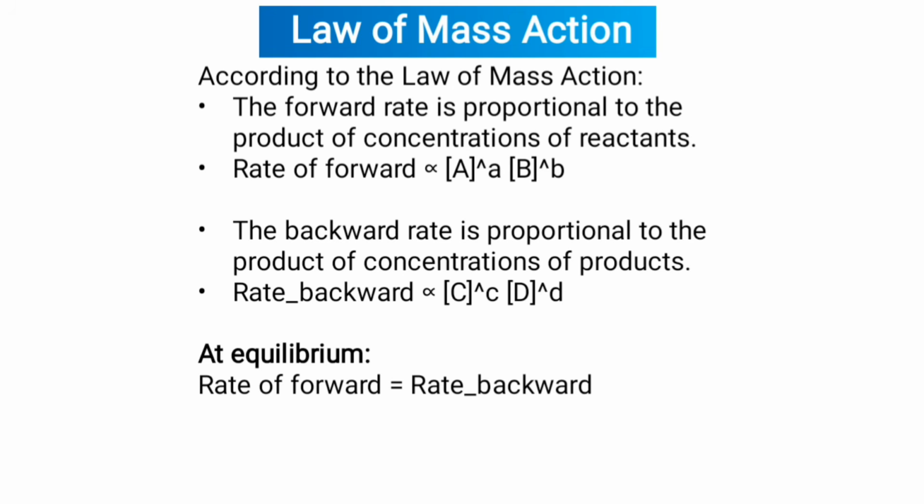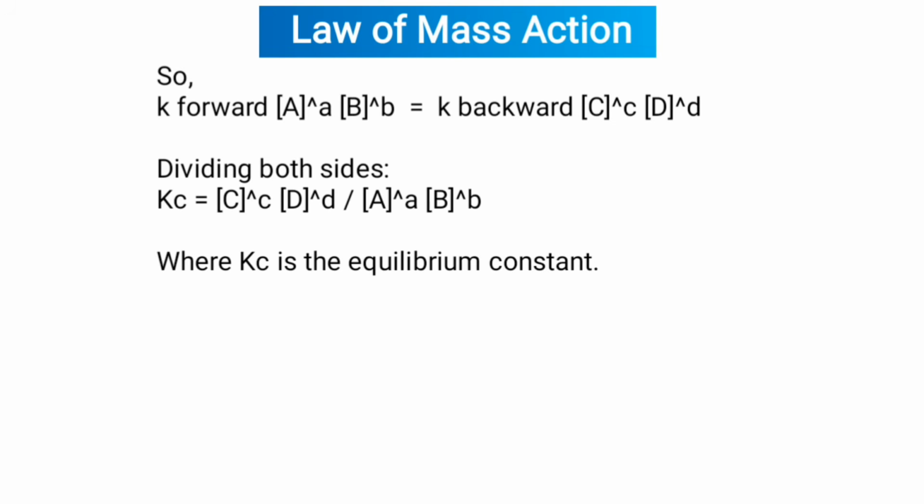At equilibrium, rate of forward reaction is equal to rate of backward reaction. So K forward is a constant for the forward rate, [A]^a [B]^b, which is equal to K backward, which is also a constant for the backward rate, [C]^c [D]^d.